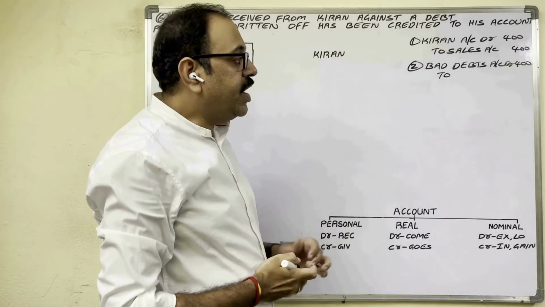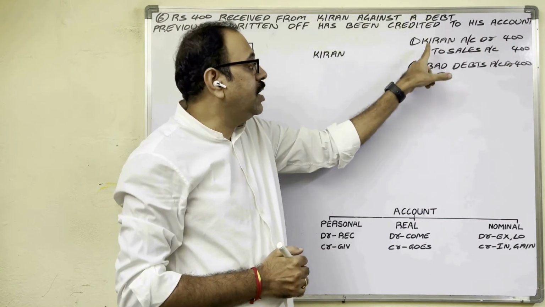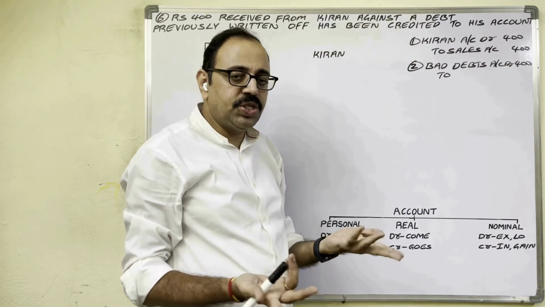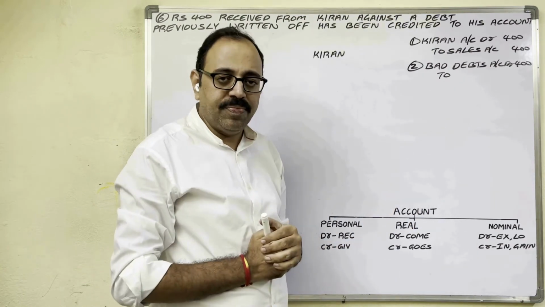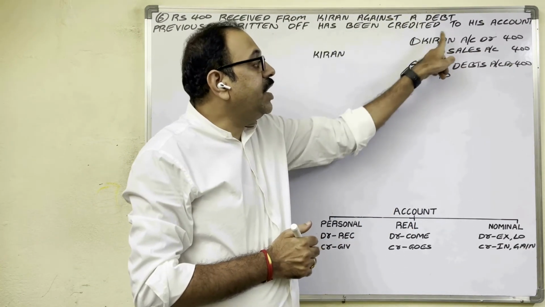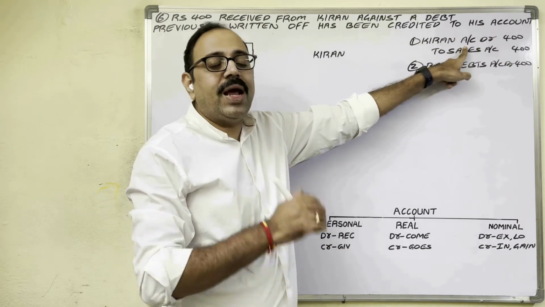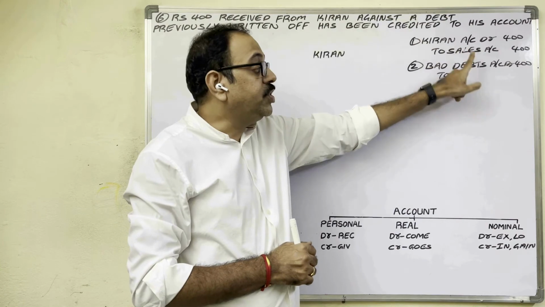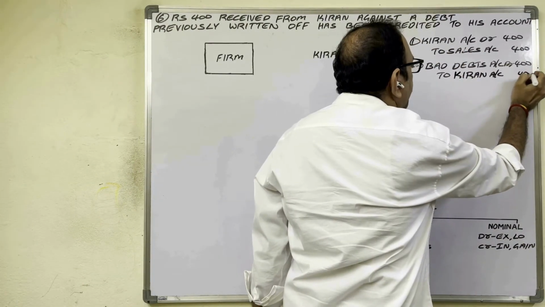When we are writing this 400 as bad debt, it is meaningless to show that Kiran is a debtor now. Now he is not a debtor because from him 400 is not going to come. By debiting, we created a debtor account, Kiran account. If you want to cancel this debtor amount, we should credit Kiran account 400 rupees.